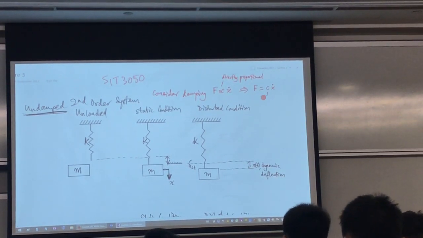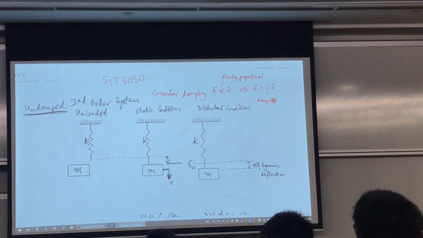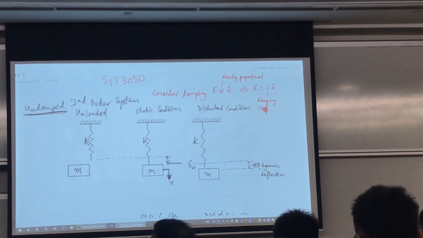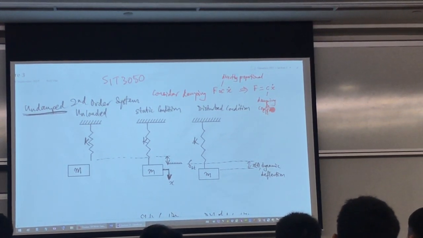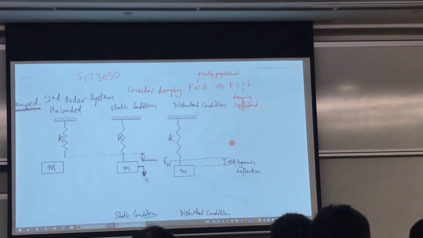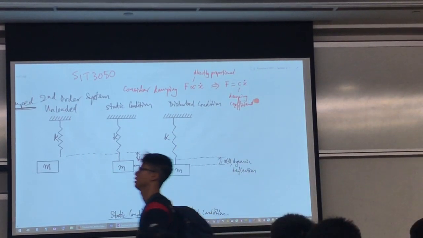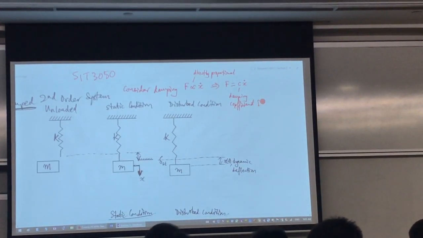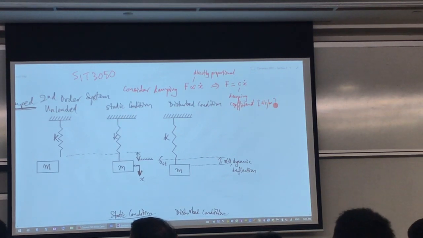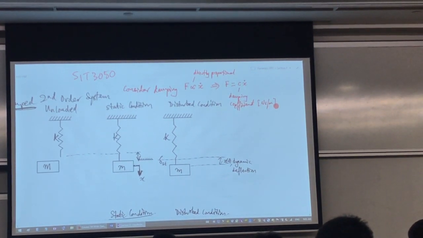So this C will be our damping coefficient. And if it's a linear coefficient, that means the units are newton seconds per meter.